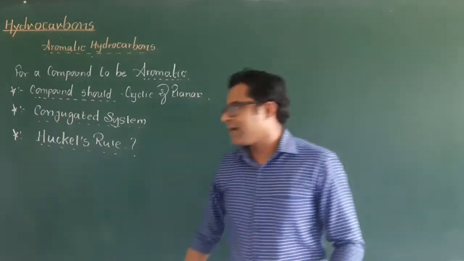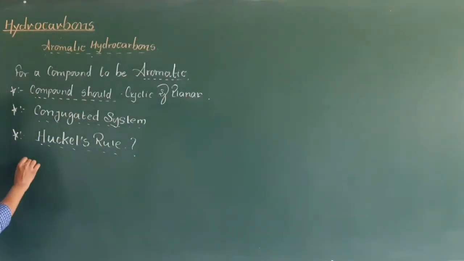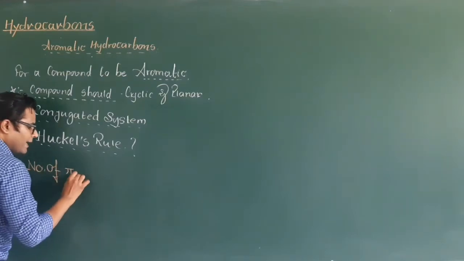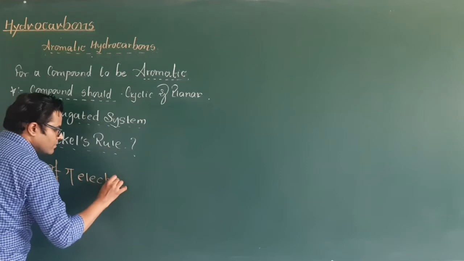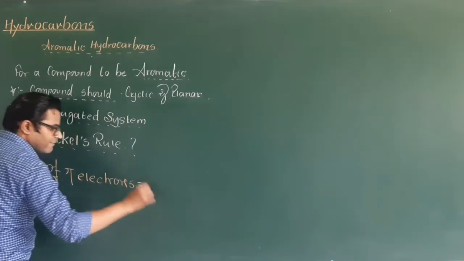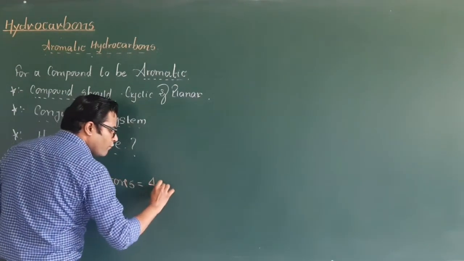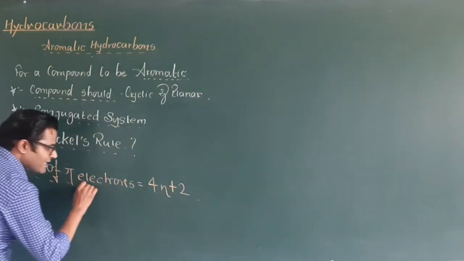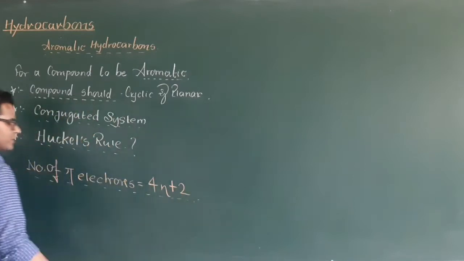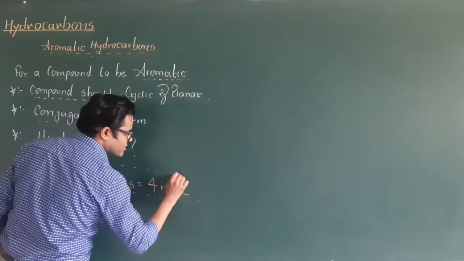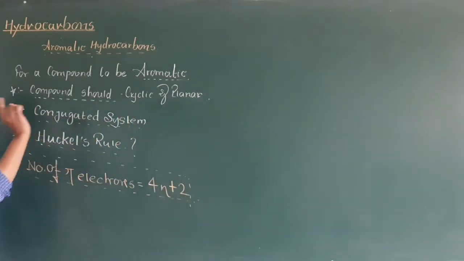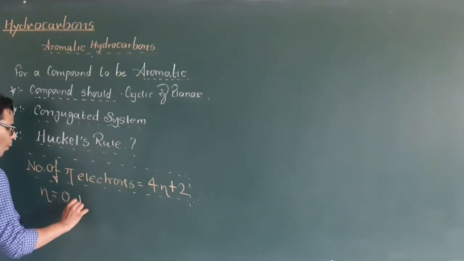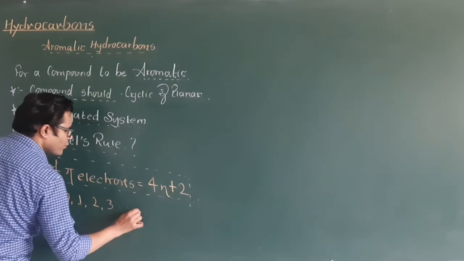It says that the number of pi electrons in a given system should be equal to 4n plus 2. If it satisfies this condition, finished, your compound is aromatic. Here n is equal to 0, 1, 2, 3, and so on.